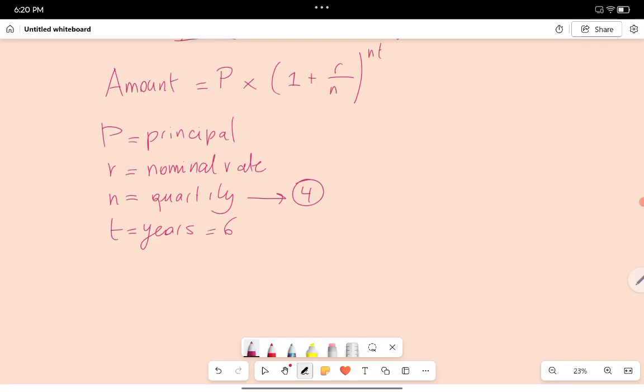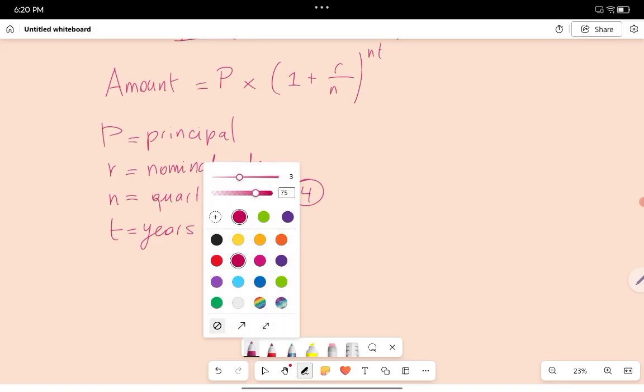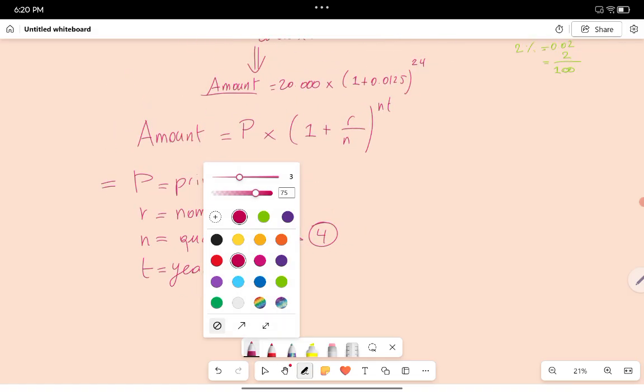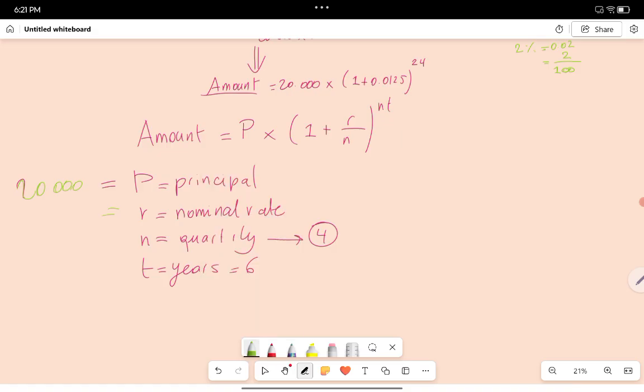So if we put these values in, the principal, as I explained, was 20,000. R is the nominal rate that we were given, so that was 5%. So that is 0.05. n was 4, because we're looking at quarterly compounded interest, and t is 6.